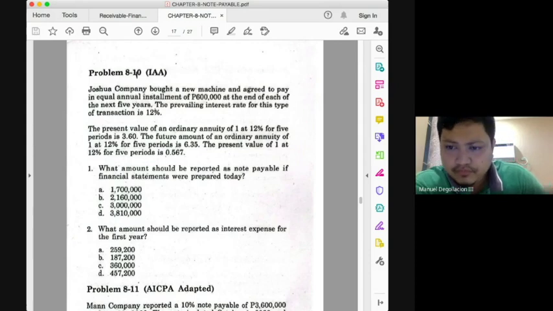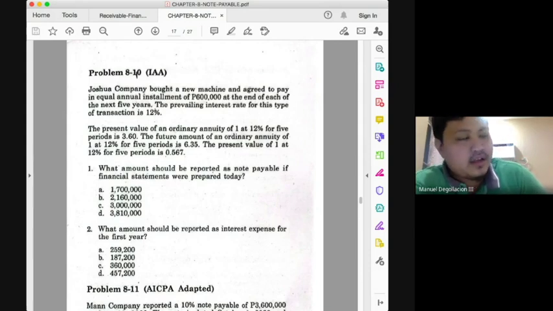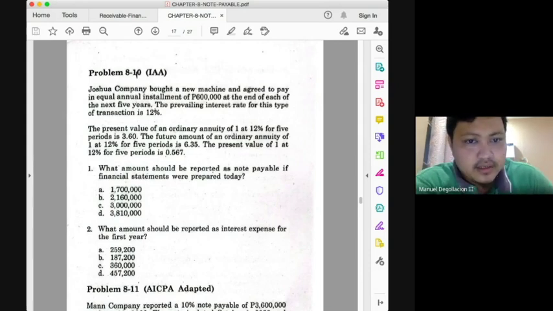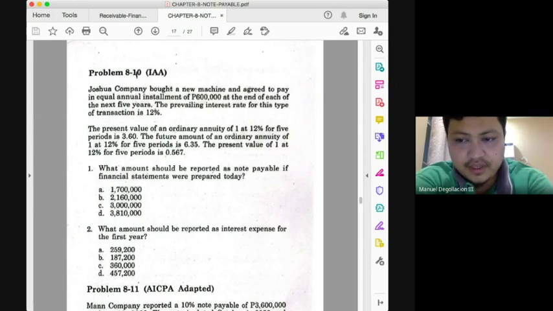To answer this problem, class, we have to settle a theory first. You will have to answer one question first, and that is how are your notes payable initially measured? There are two possible classifications for your notes payable, class, as far as accounting treatment is concerned.